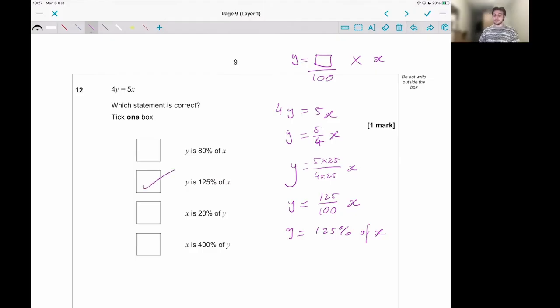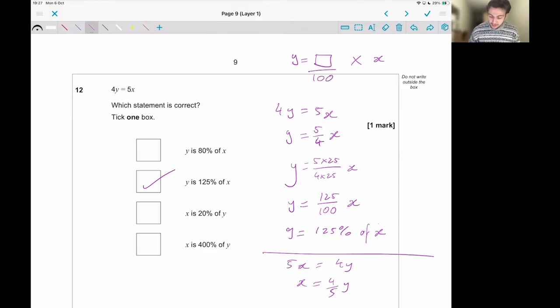It's worth saying that we could have done this the other way around. So we could check if we were looking to get x as a percentage of y instead. We could do the same thing. We could start with 5x equal to 4y, divide both sides by 5. So we get x is 4 over 5y.